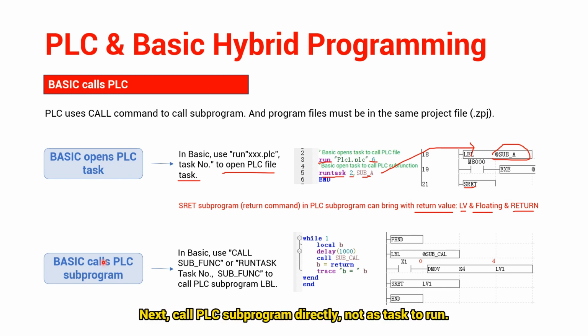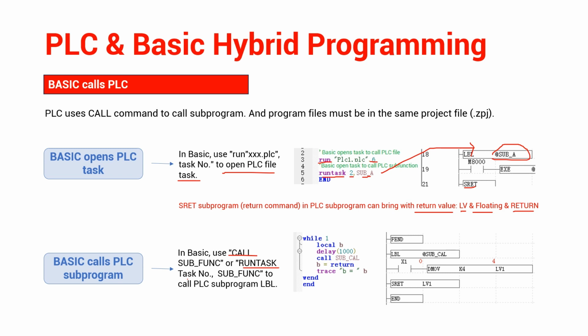Next, call PLC subprogram directly, not as task to run. In BASIC, use call to call one PLC subprogram. Then return the place where BASIC calls. If run task is used, it will not return. The example, write call, and add function name. Then it will execute here.